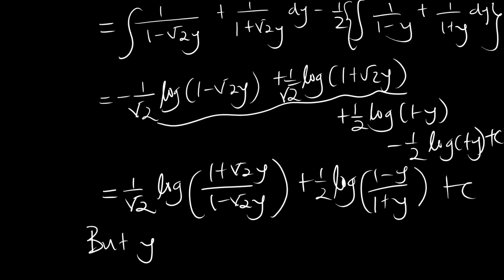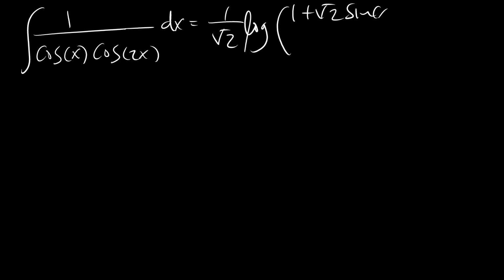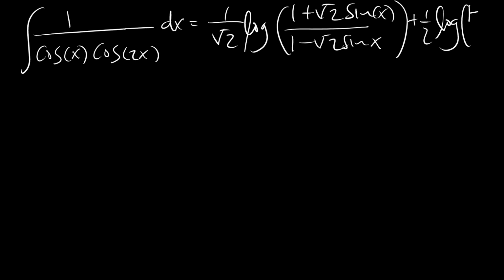But we said y is equal to sine of x. So we say that our integral, which is the integral of 1 over cosine of x times cosine of 2x, is equal to 1 over root 2 natural logarithm of 1 plus root 2 sine of x over 1 minus root 2 sine of x, plus a half times the natural logarithm of 1 minus sine of x over 1 plus sine of x, plus the integration constant.